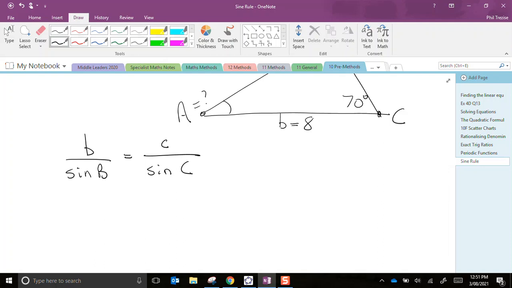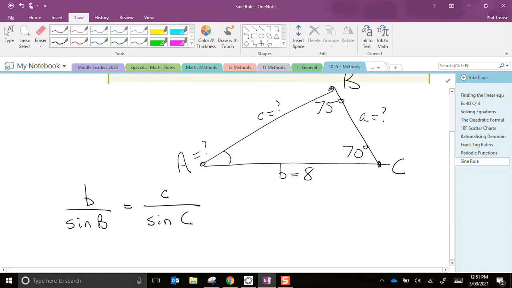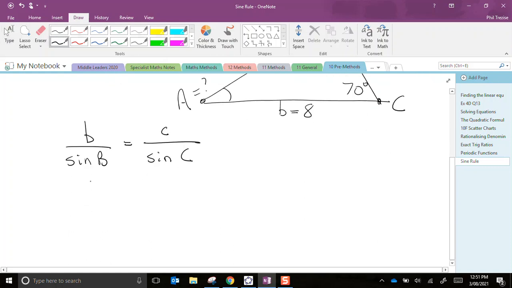Any two parts of the sine rule work nicely because remember all of them always equal each other. And in this case little b equals 8 over the sine of angle B, which was 75 degrees.